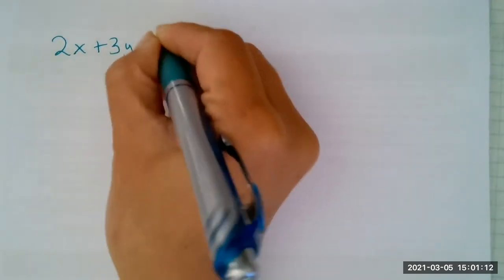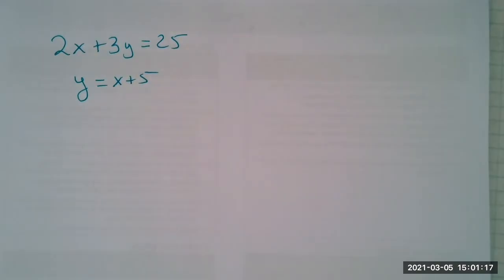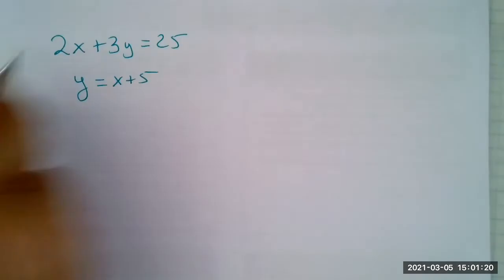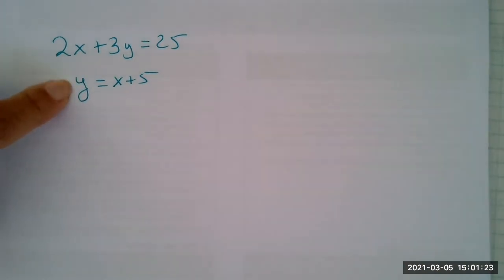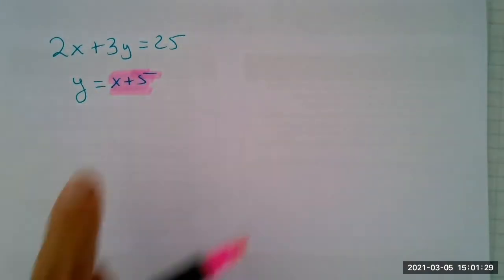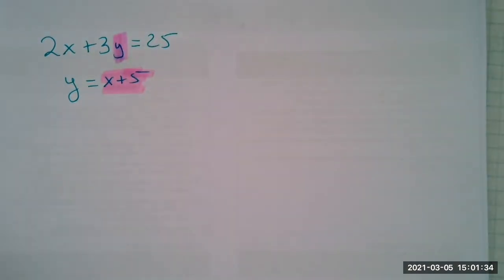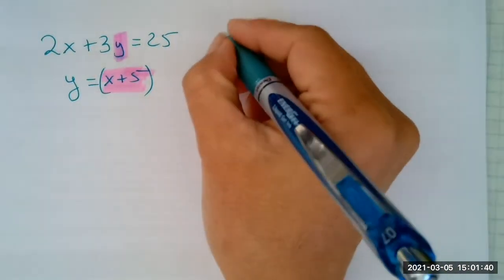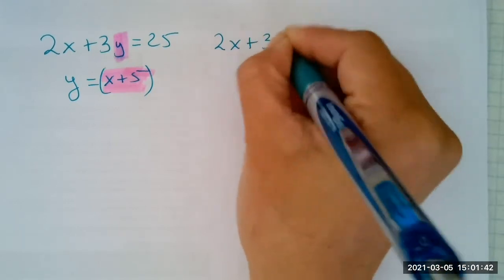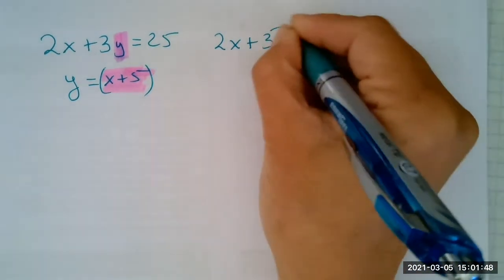All right, let's try another one. Try this one. All right, let's take a look. Now, this one already has y equals on it. So that's what I'm going to replace into here. Cool. So again, I'm going to put little parentheses around it, and that's what's going to go in the place of the y. So that went here. Now I can distribute.